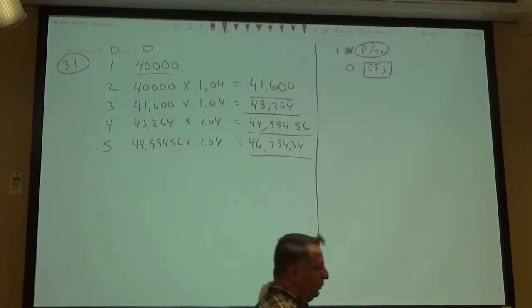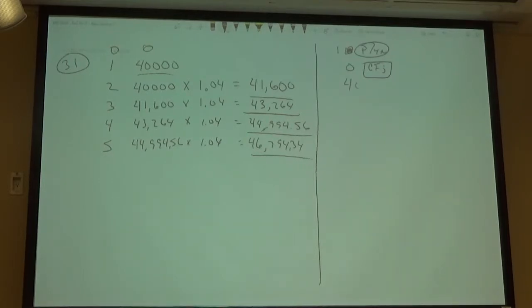So what you're going to do is put them in just as we've got them written. 40,000 as a cash flow, 41,600 as a cash flow, 43,264, 44,994.56, and 46,794.34 as a cash flow.